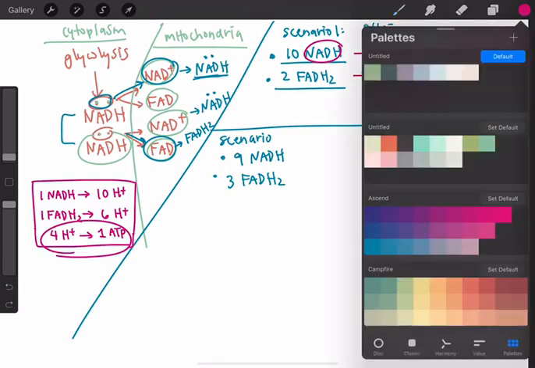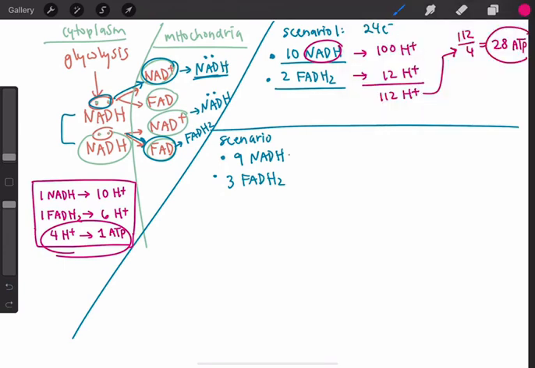When you do the calculations, you got 9 NADH molecules times 10 protons for every NADH. You'll have 90 protons. For FADH2, you got 3 molecules. You are going to have 18 protons.